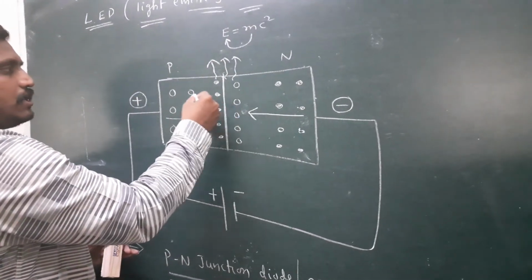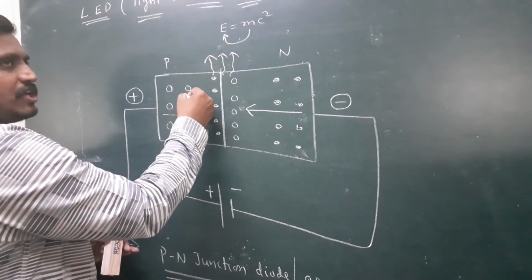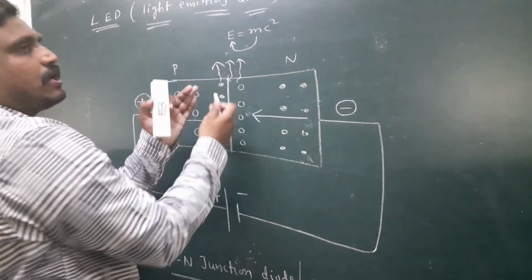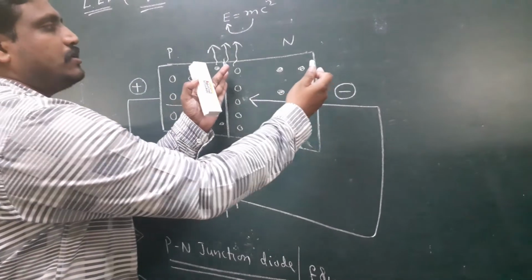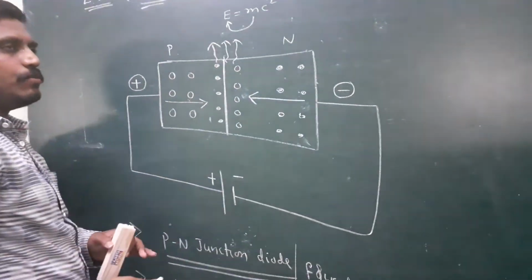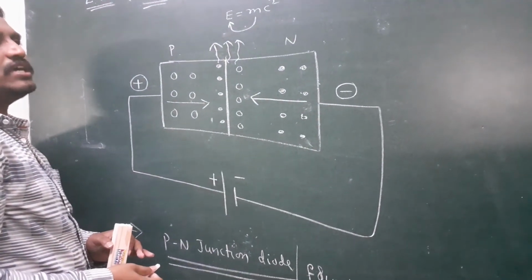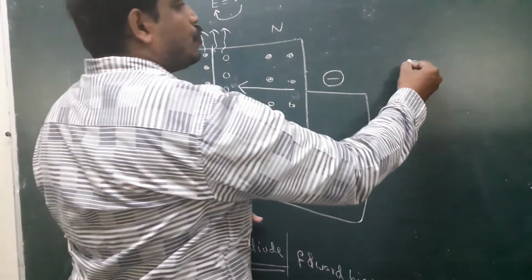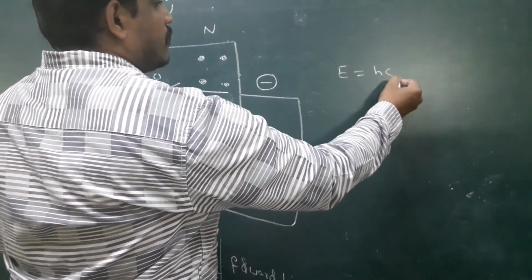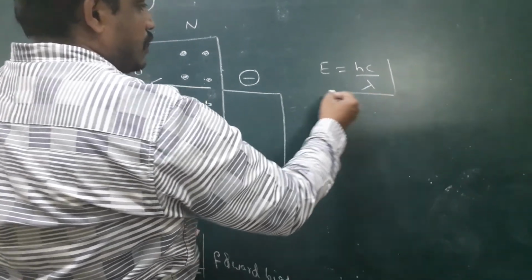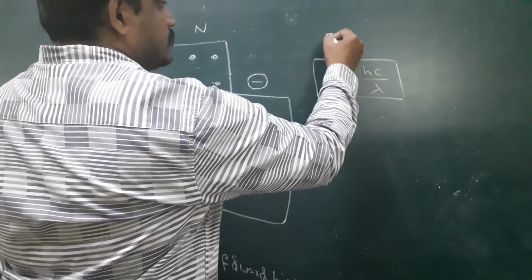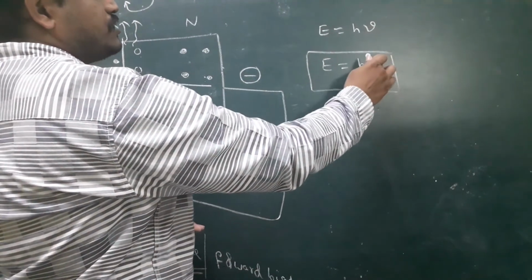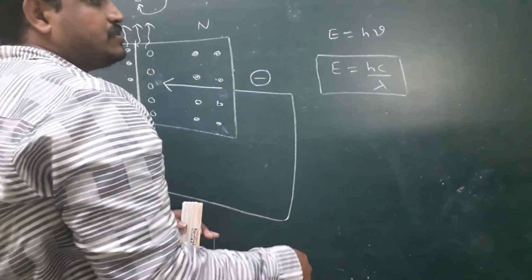Majority charge carriers in the p-type and minority charge carriers in the p-type combine at the junction. Here also, majority and minority in the n-type both combine to release a large amount of energy. That means E equals hc by lambda, as in Bohr's postulate, E equals h nu, which is hc by lambda.